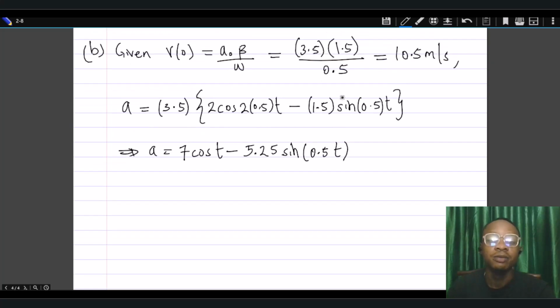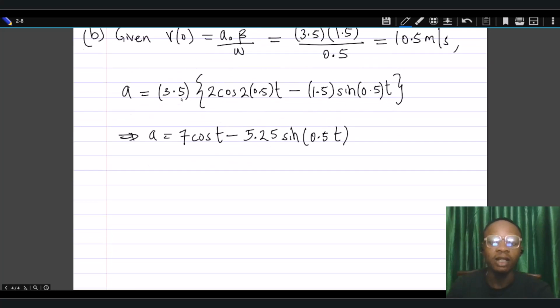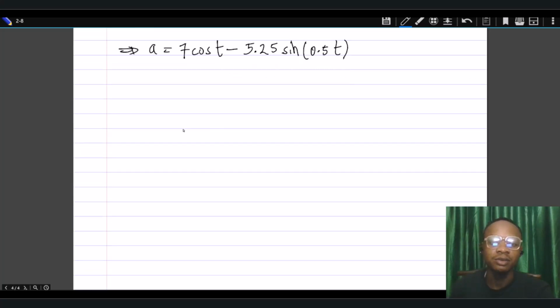If we want to get the velocity as a function of time, we now have a different initial velocity to deal with. We know that A is equal to dv dt, which means that A dt is equal to dv, by cross multiplying. So our dv is equal to A dt.